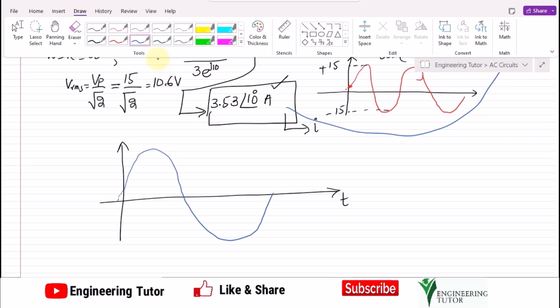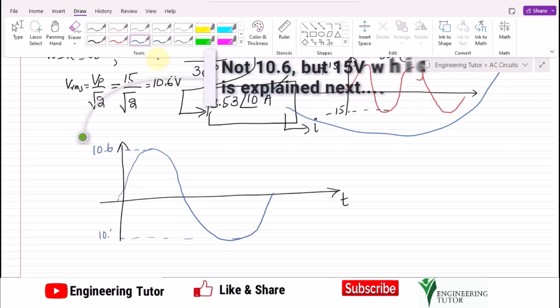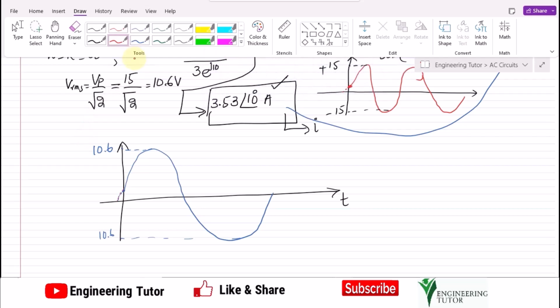For the voltage it was 10.6 with the phase angle of 10 degrees, and the current here is with this one, and the same in phase are plotted here.